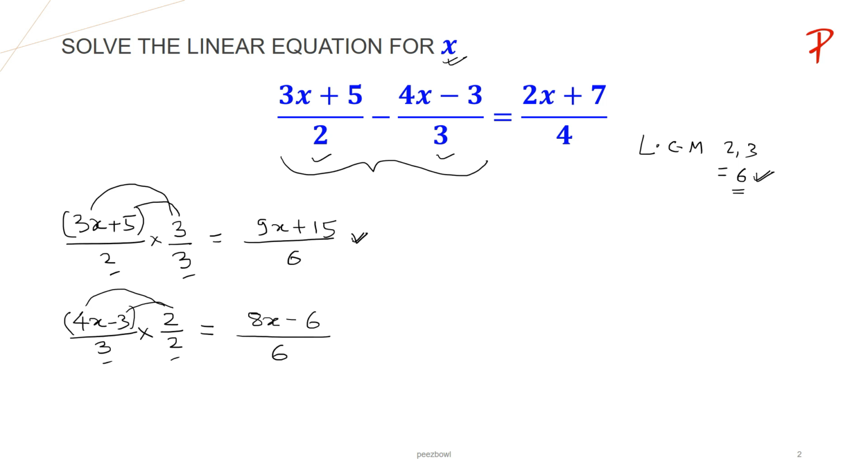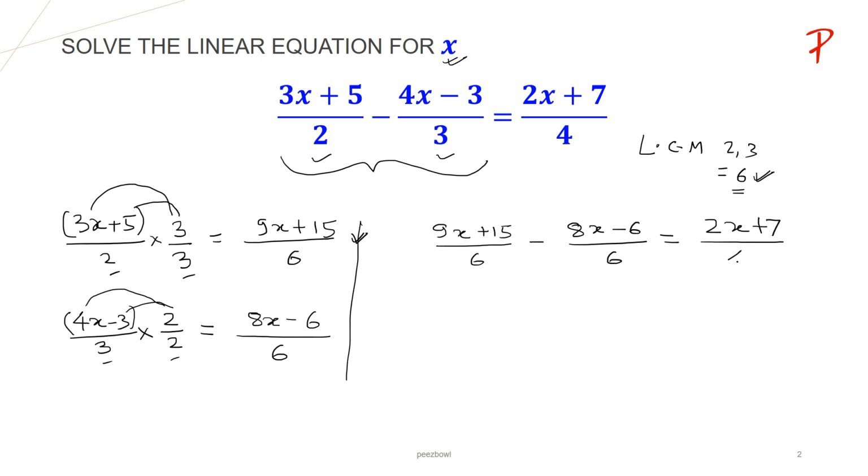Let us put these two in the equation. For (3x + 5)/2, we have (9x + 15)/6. Then there is a minus sign, and for (4x - 3)/3, we have (8x - 6)/6. And on the right hand side, we have (2x + 7)/4.